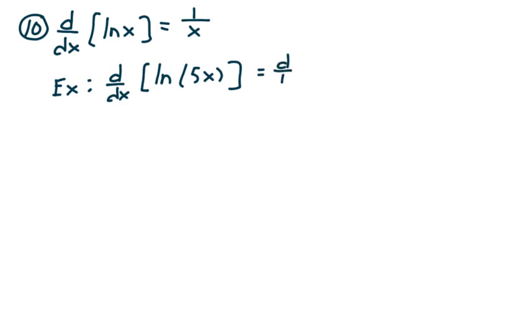This is the derivative of natural log of 5 plus natural log of x, right? When you have the natural log of a product, you can break it up. The natural log of 5 is a constant, so you get 0. And differentiating natural log of x, I get 1 over x.